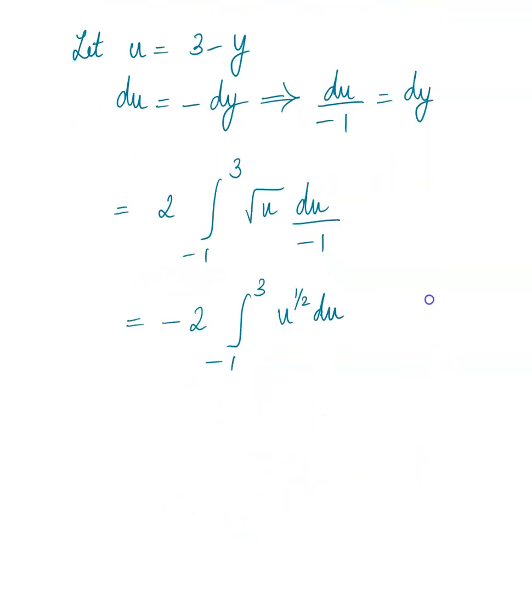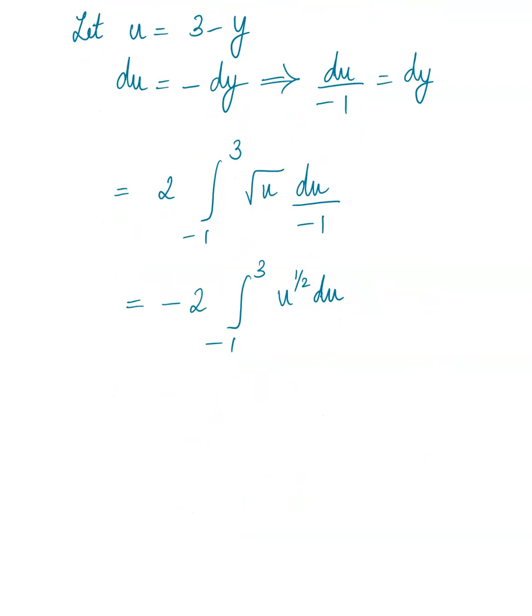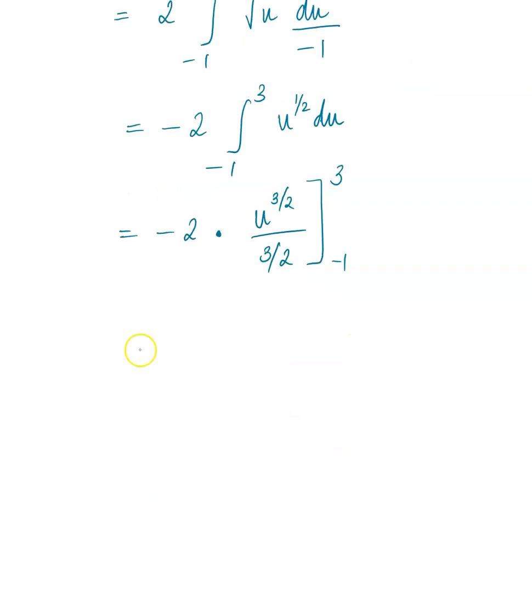I'm going to go with method 2 in that u substitution, where I will save the limits when I replace the u. So I'll use the original limits. Oh no, I can actually do the integration here. U to the power 3 over 2, over 3 over 2, negative 1 to 3. The 3 over 2 in the bottom will become 2 over 3 here, so that's going to be negative 4 over 3 times, I'm going to use the original y limits, right?